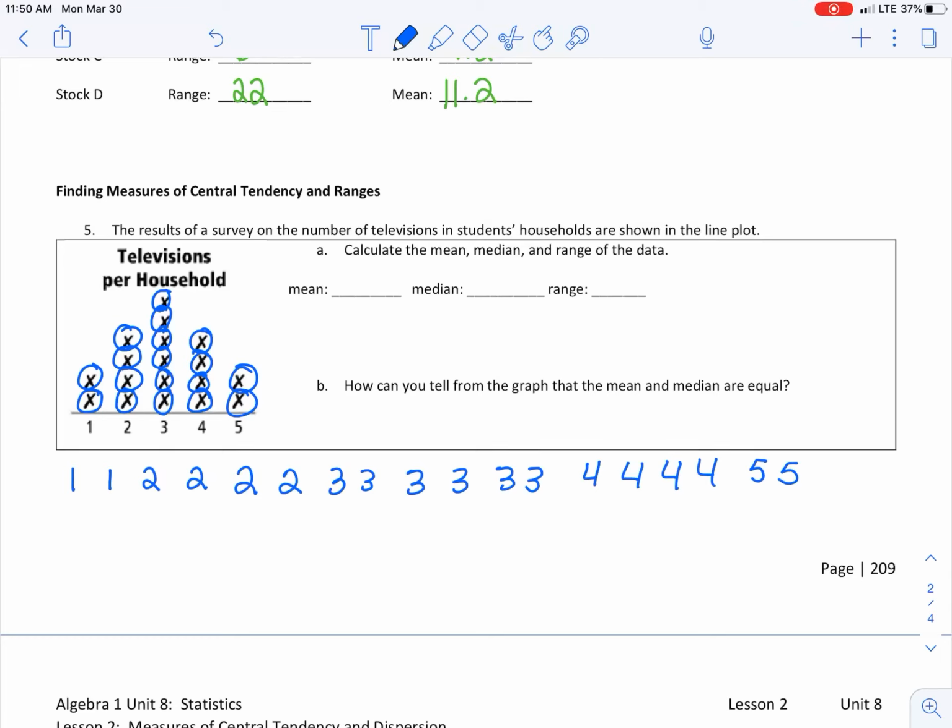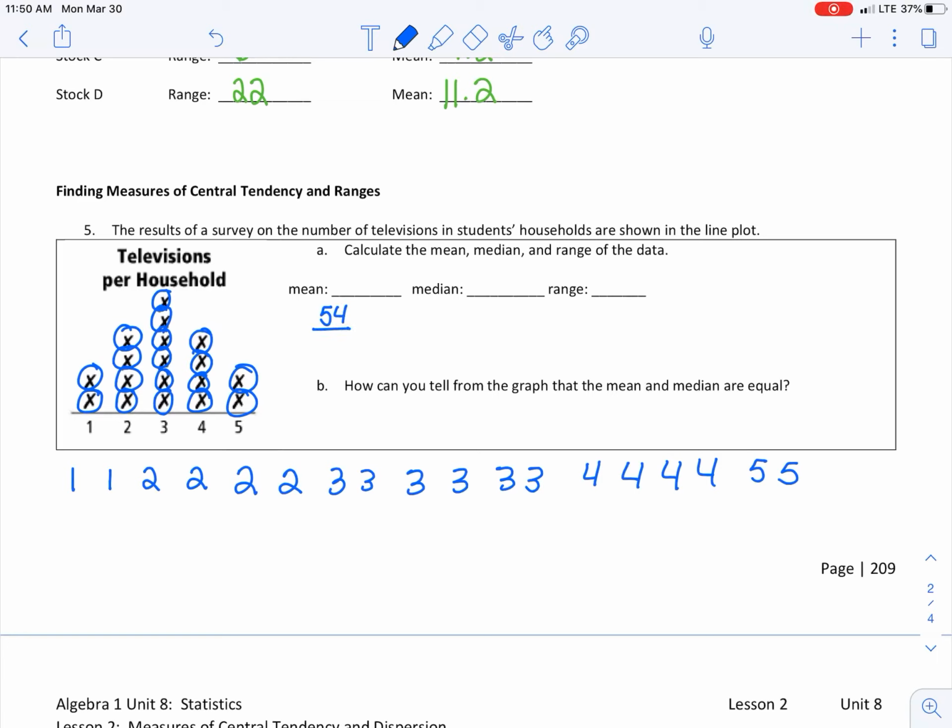So if we want to find mean, I know it's going to be a process, but we have to add up all of our numbers together. So let me go ahead and do that real quick. We end up with 54. 54 is not our answer, though.